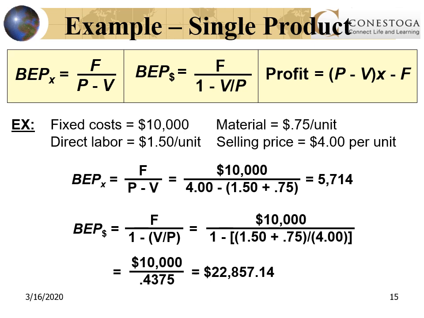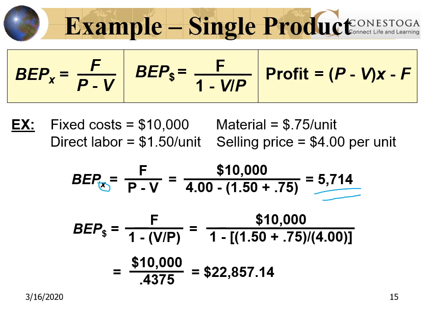Now the break-even point is calculated as F divided by P minus V, where P is the selling price and V is the variable cost. If I substitute here, my break-even point in terms of units, X is the units, is obtained as 5714.